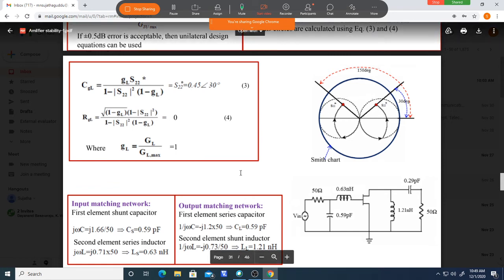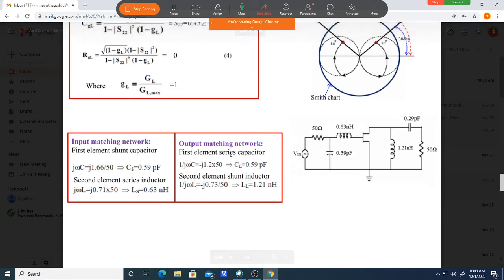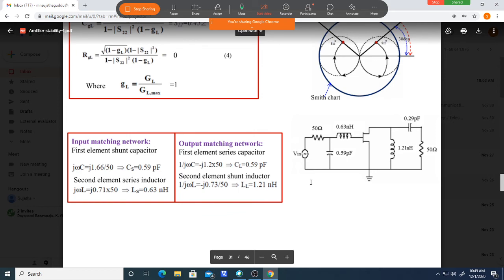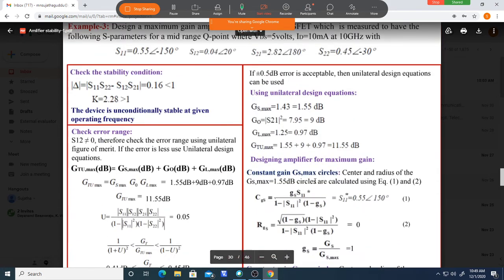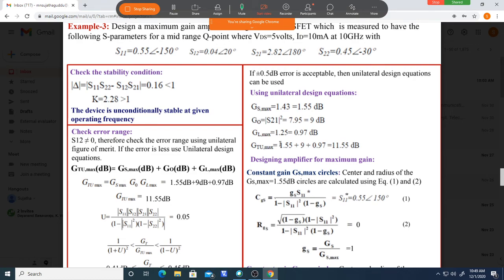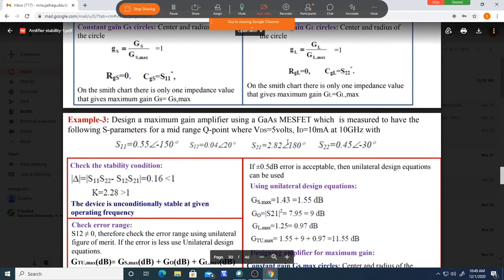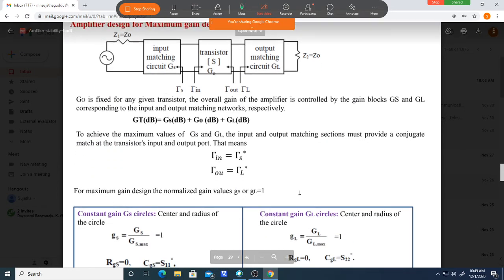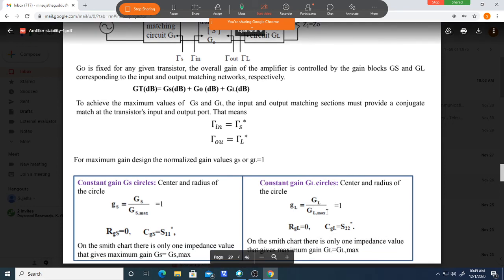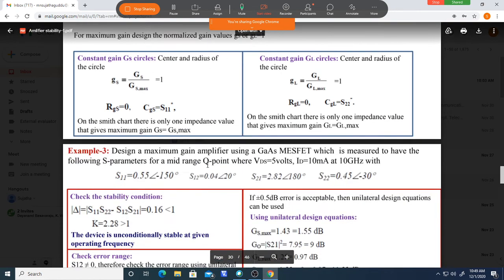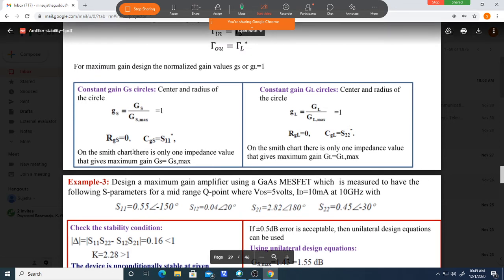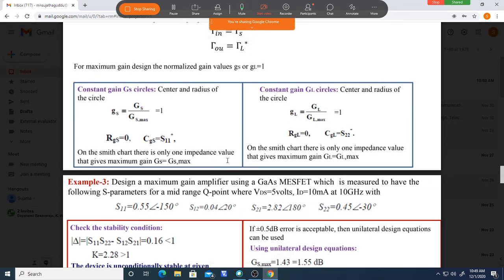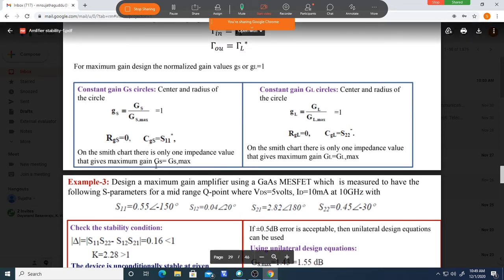That is called a maximum gain design. Maximum gain design means whatever the maximum gain available, you design the amplifier for that. In this case, for maximum gain design, the normalized gain becomes 1. On the Smith chart there is only one impedance value that gives maximum gain.